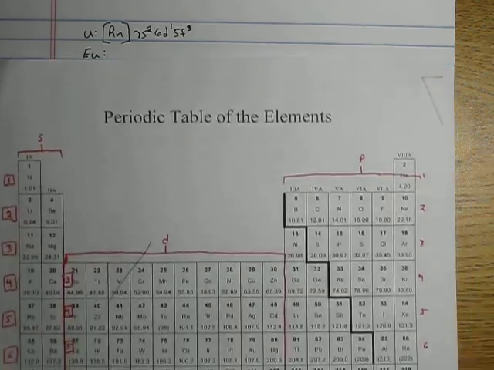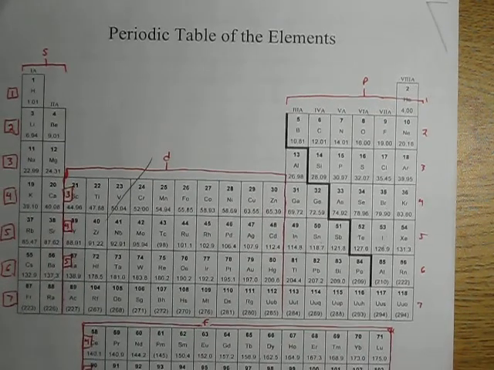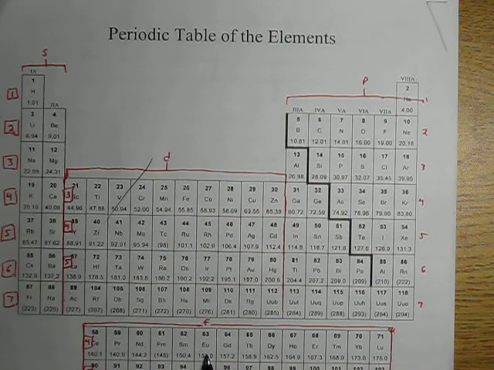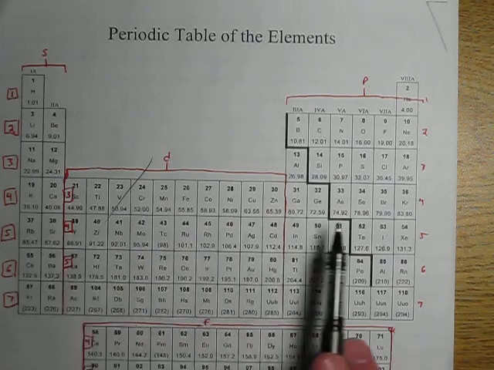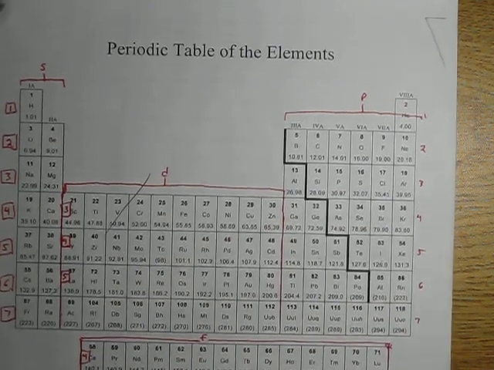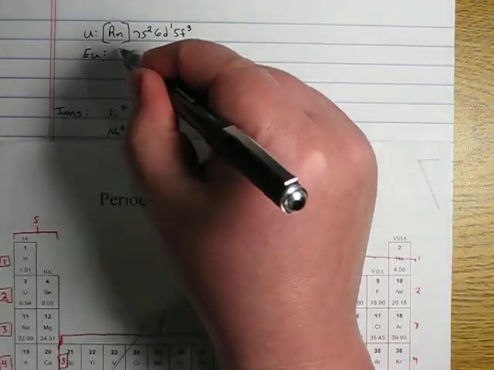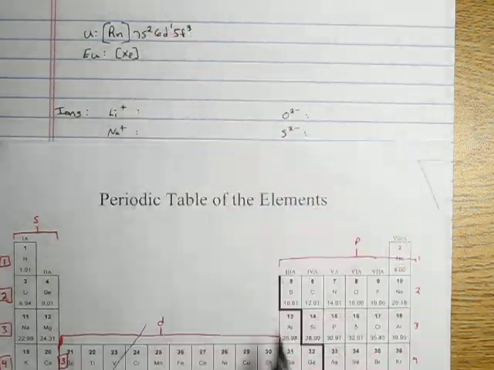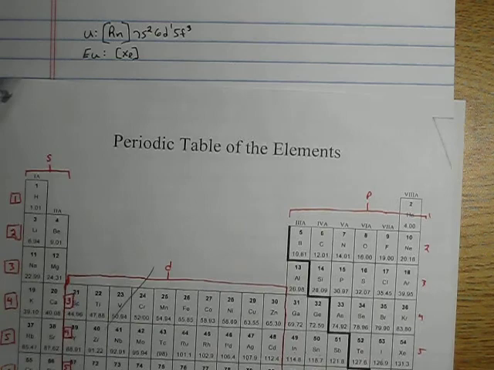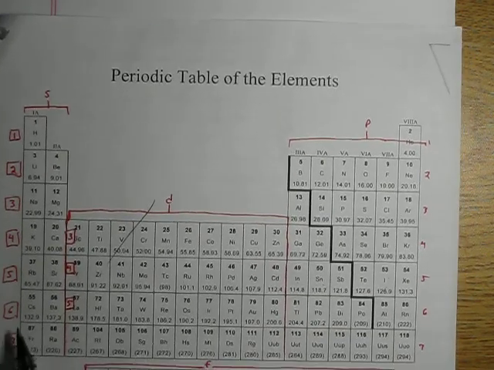What about europium? Well, here's europium right down here. So what's the previous noble gas? 63, 62, 61, 60, 59, 58, 57, 56, 55, 54 xenon. So I know my europium is going to be xenon core. All right, xenon core.